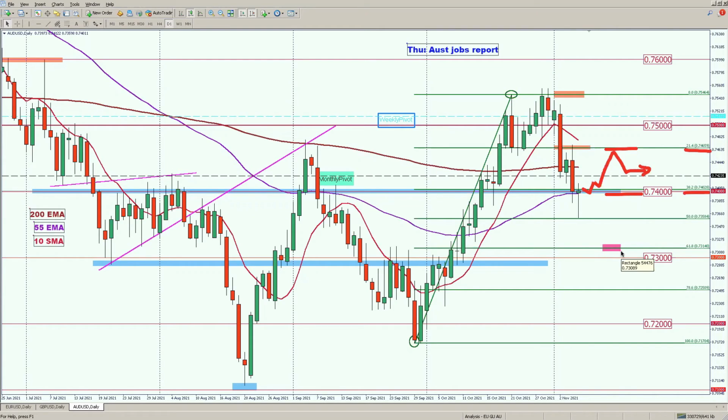So that could be a potential support zone as well. So this area here is a big support zone right at the 73.00. Just above that, there's additional interim support.